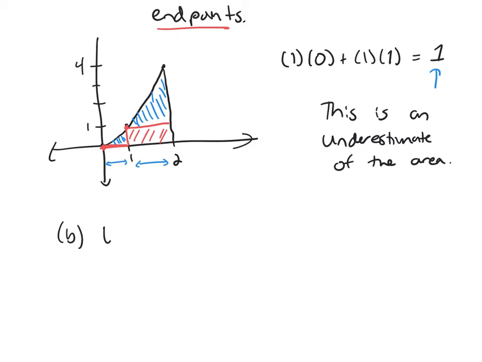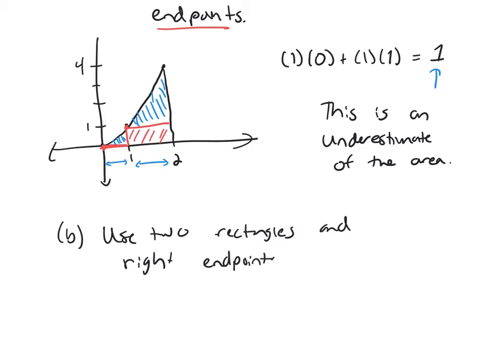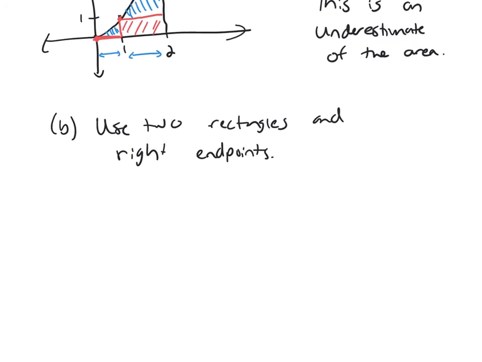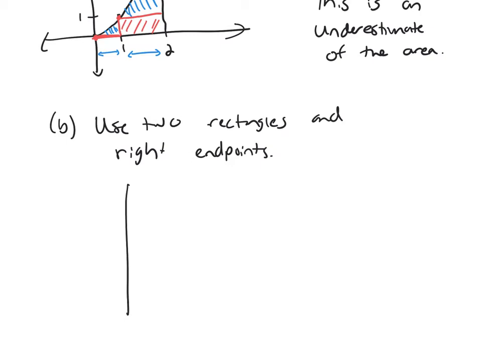Let's see what happens when we use 2 rectangles. And now we're going to use right endpoints. So again, I'm going to redraw the picture of my graph just so I have it to easily reference. And then here's what it looks like.